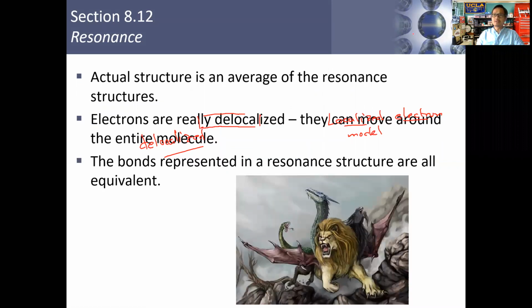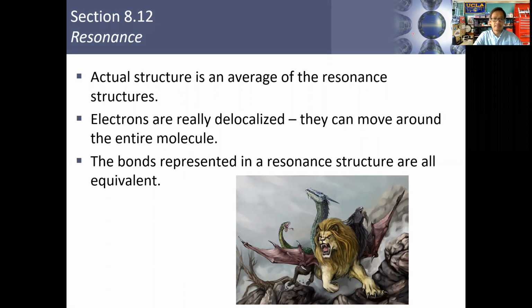When we draw these structures, we typically draw them as if they were a single molecule, a structure that represents the average of all three. We could draw all three, but that takes a lot of work.